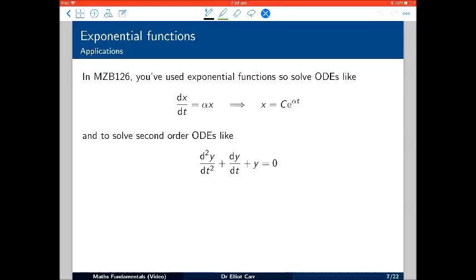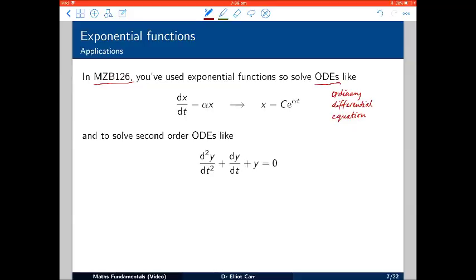So in first year, in MZB126, you would have used exponential functions to solve ODEs, ordinary differential equations.